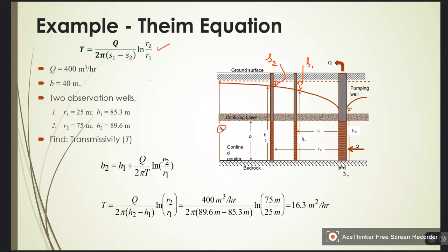H0 is equal to H2 plus S2, which is also equal to H1 plus S1.